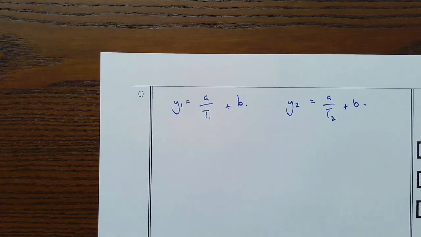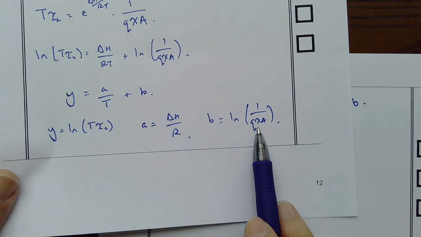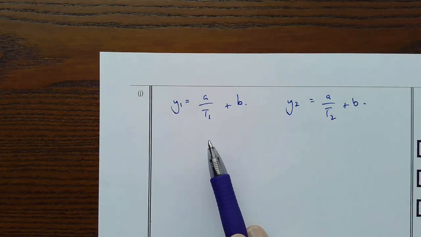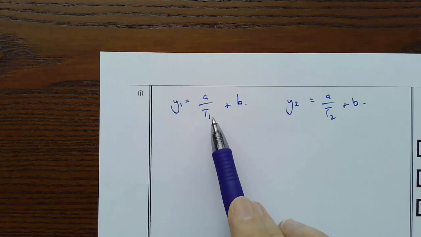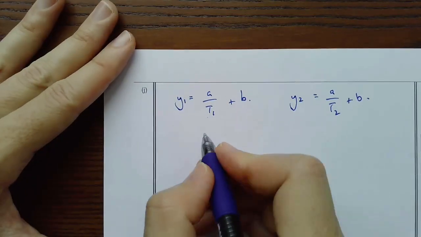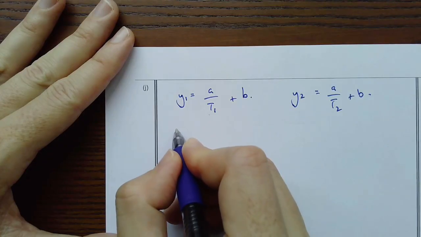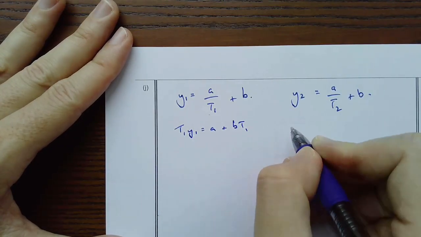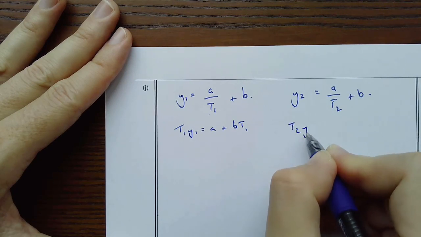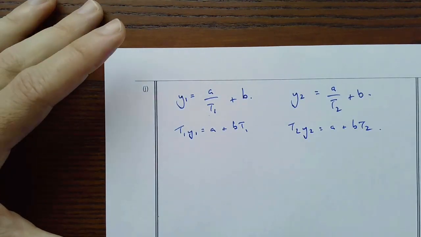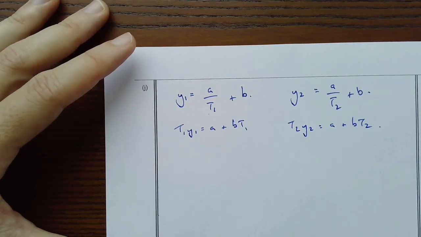Now remember, I'm being asked to work out the value of b because I'm being asked to work out q chi A. I'm given my temperatures and my y values, so I need to get rid of my a values. So I'm going to rearrange these equations to give me T1 Y1 equals a plus b T1, and T2 Y2 is a plus b T2, and then I just want to get rid of my a's.